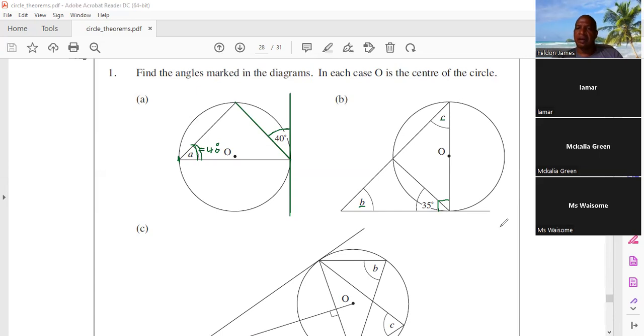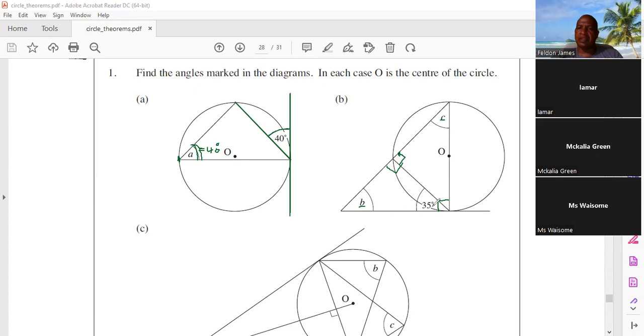So can we use that in any way to help us? We know that this angle here is also what? 90 degrees, because of the angle in the semicircle, the triangle within the semicircle. So we know that this is 90 as well.